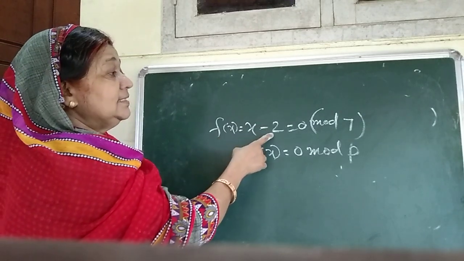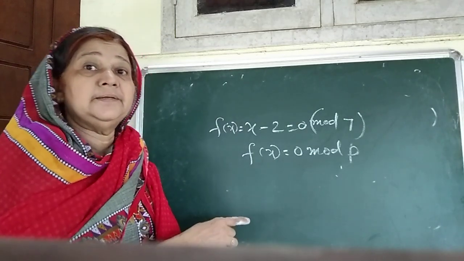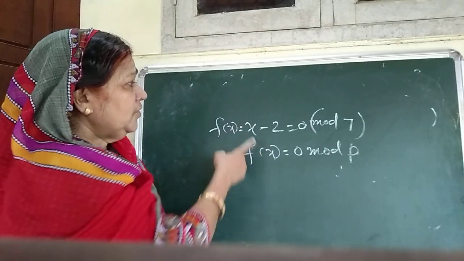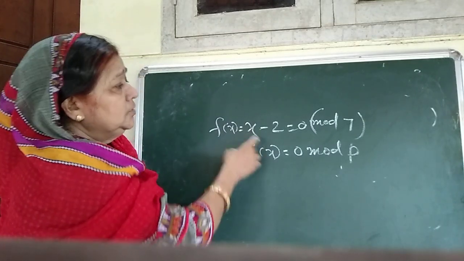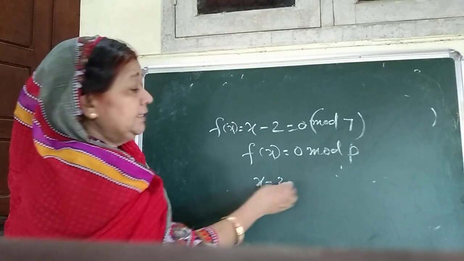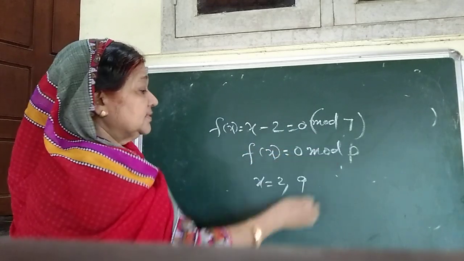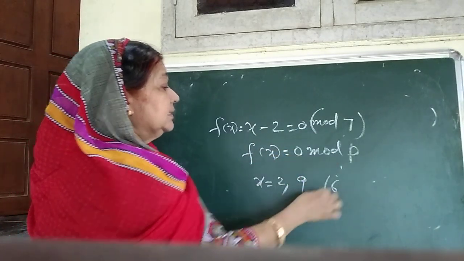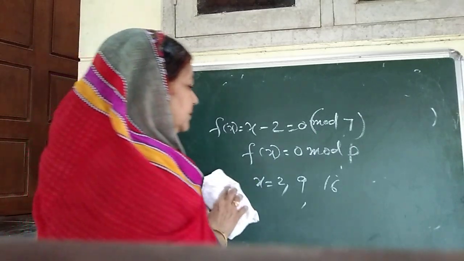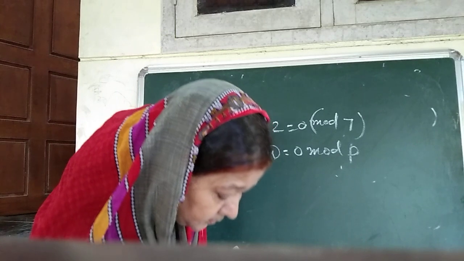Then we can see that there are many solutions, each solution belonging to a congruence class. Here, x equal to 2 means not only 2 but also 9. We know 9 minus 2 is a multiple of 7. Similarly, 16 minus 2, etc. are all multiples of 7. So, there are many solutions of the linear congruence.